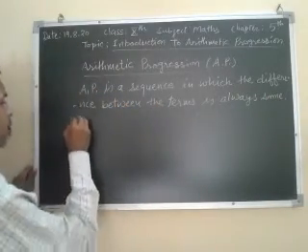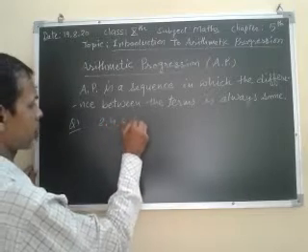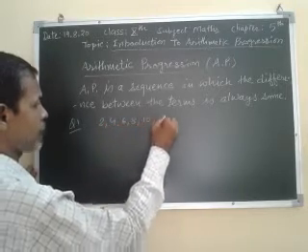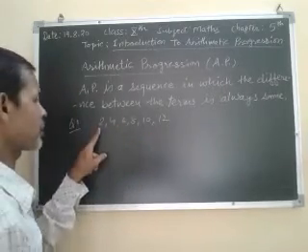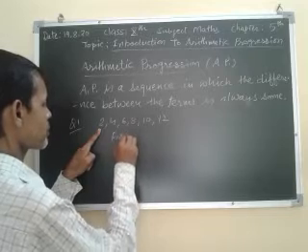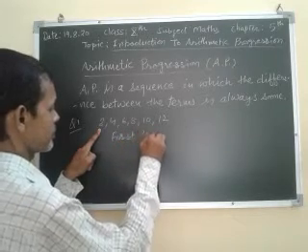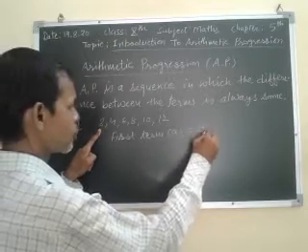For example, 2, 4, 6, 8, 10, 12. Now, in this sequence, the first term is denoted by a, which is 2.